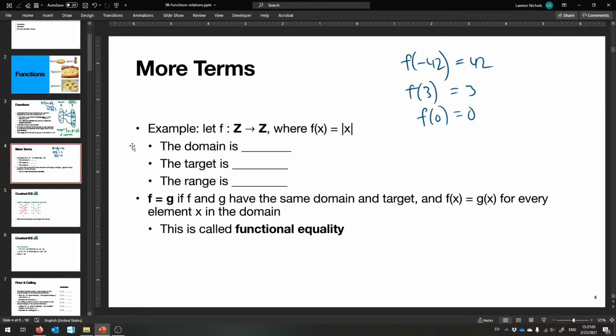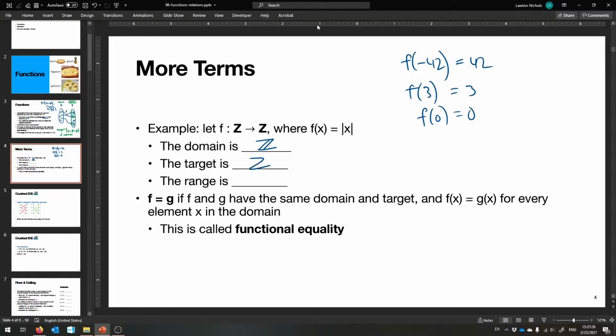So what is the domain of this function? Well, we can just look right here and see immediately that it is the set Z, the integer set. The target is also Z. It's taking integers to integers. Totally fine.